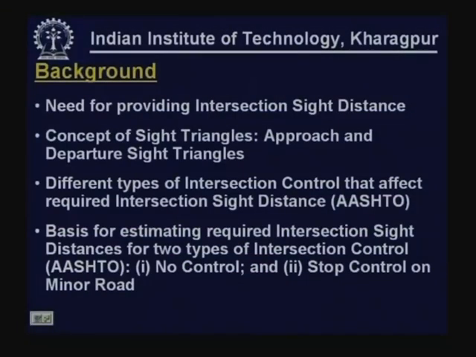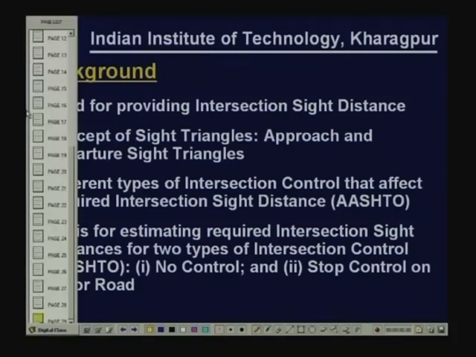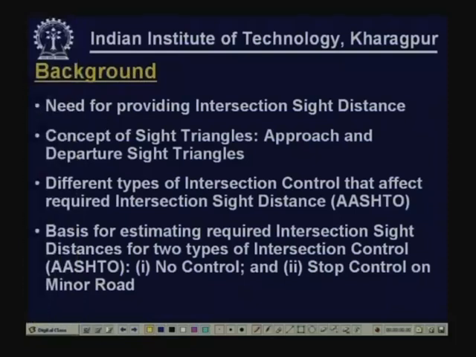In the last lesson, we discussed the need for providing intersection side distance, and why it is necessary. We also discussed the concept of side triangles, particularly approach side triangles and departure side triangles.